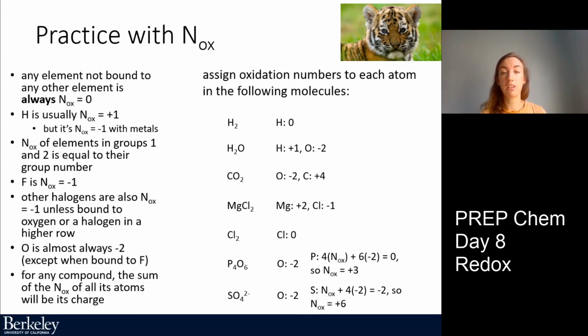The oxidation number has, I don't think it has explicit limits. I've definitely seen oxidation numbers of like +7. So I would be concerned if I was doing a problem and got an oxidation number of like 12, but that doesn't mean it's not possible.